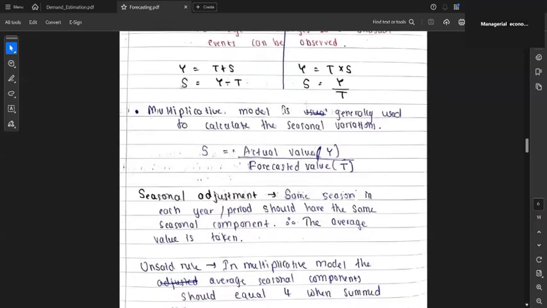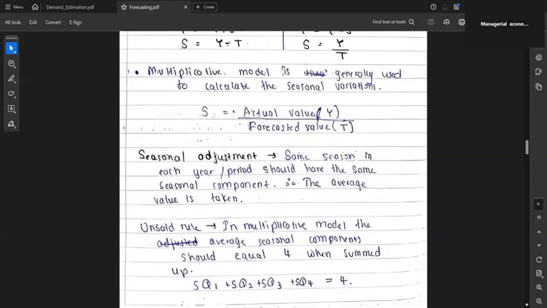So the actual value we obtained is y, and the forecasted value is T. You can obtain T either using the averaging techniques or the amended regression line. Then you obtain the seasonal component by dividing the actual value by the forecasted value, the trend component.